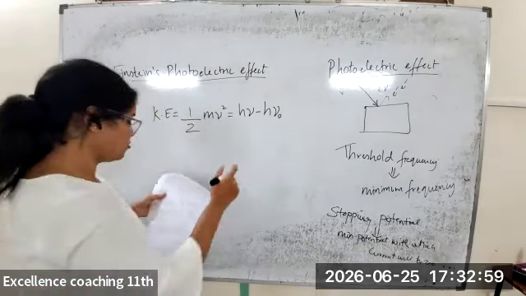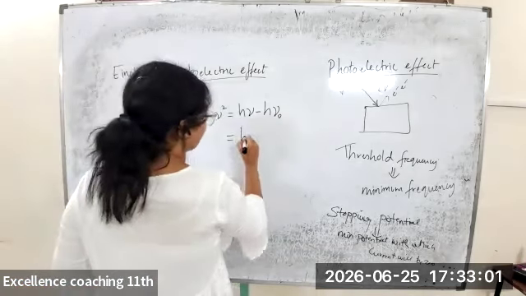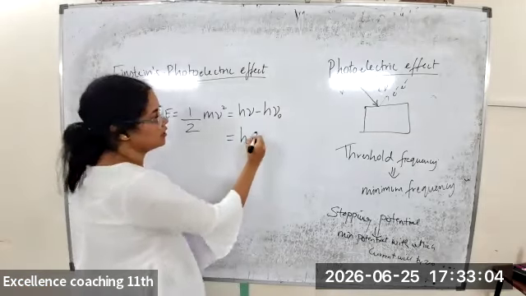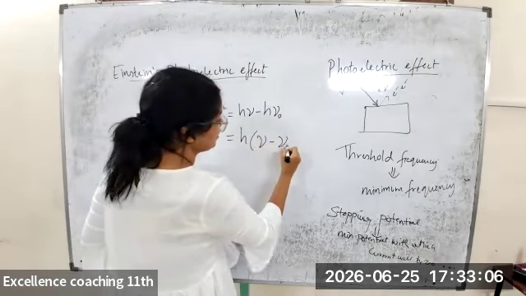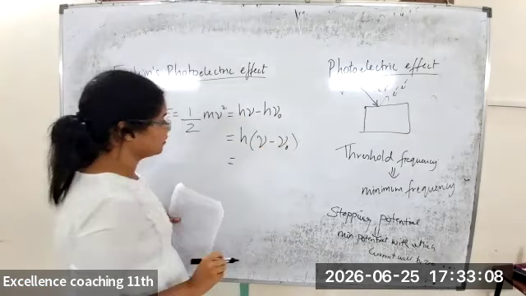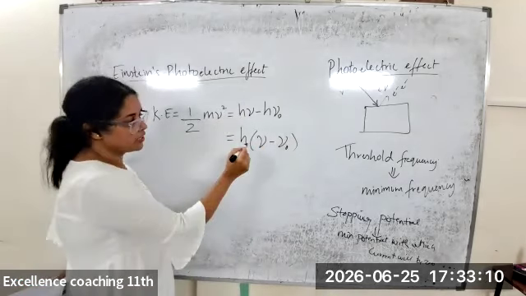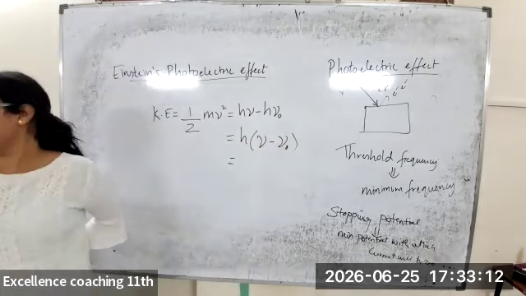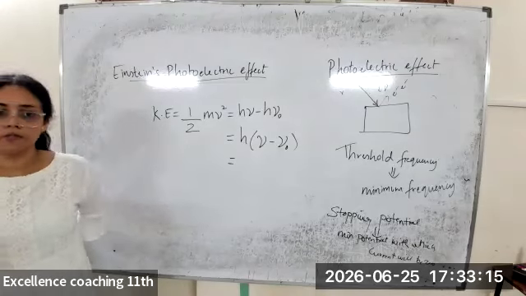Okay. So we can also write this in terms of h. If we take it out common, then what will remain is nu minus nu dash. Okay. So this nu we can also write in terms of wavelength. If I want to write in terms of wavelength, then what will I do?